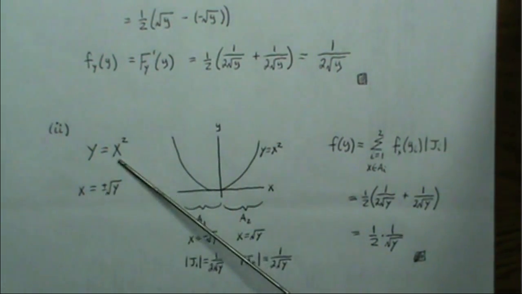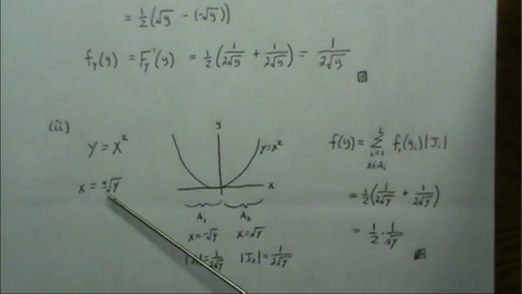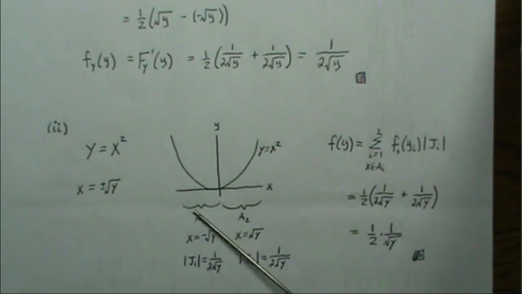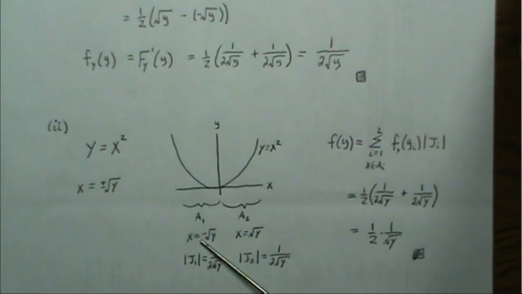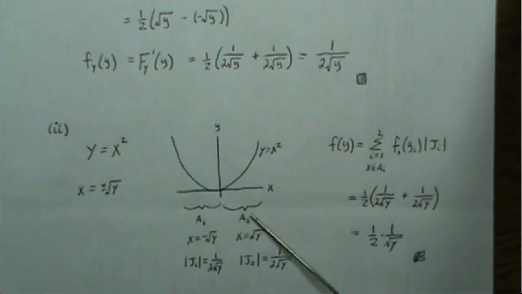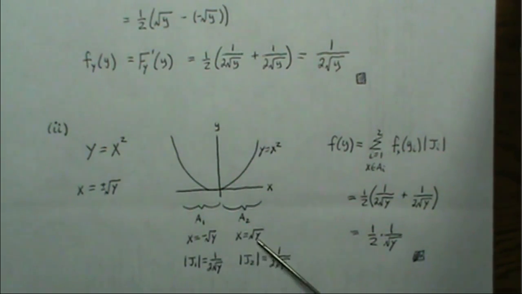So when we back solve for y equal to x squared, we get x is equal to plus or minus radical y. Now over this piece, x is equal to minus square root of y, and over this piece it's the positive root called the principal root.